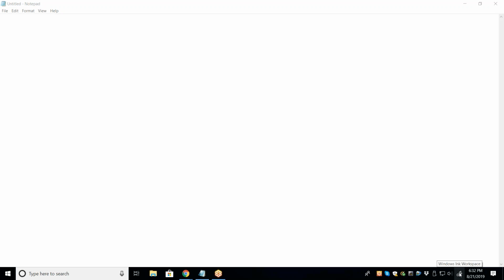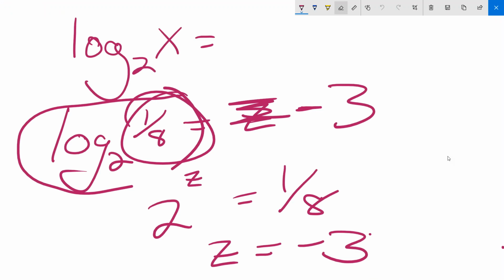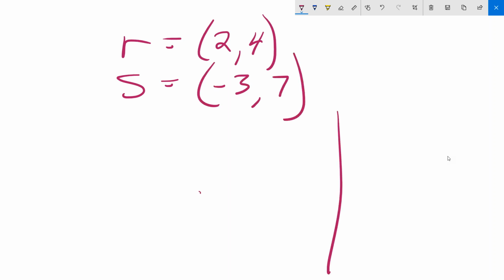Okay. It says find the midpoint of the line segment joining the points R, with coordinates (2, 4), and S, (-3, 7). You want the distance between those?